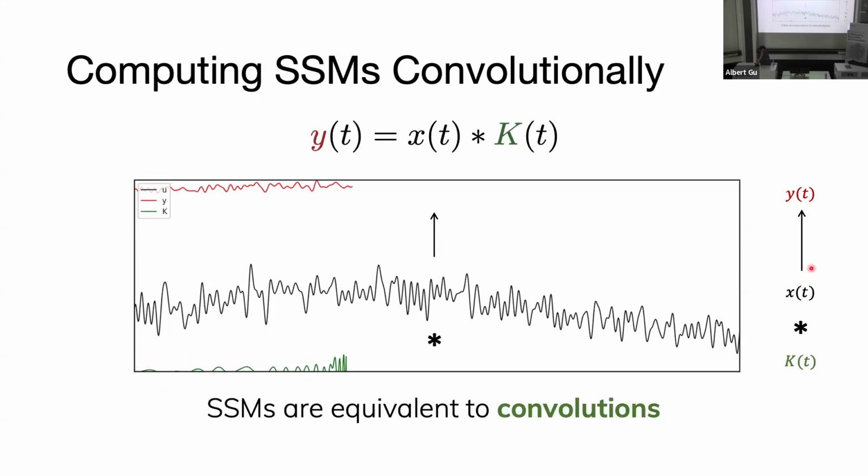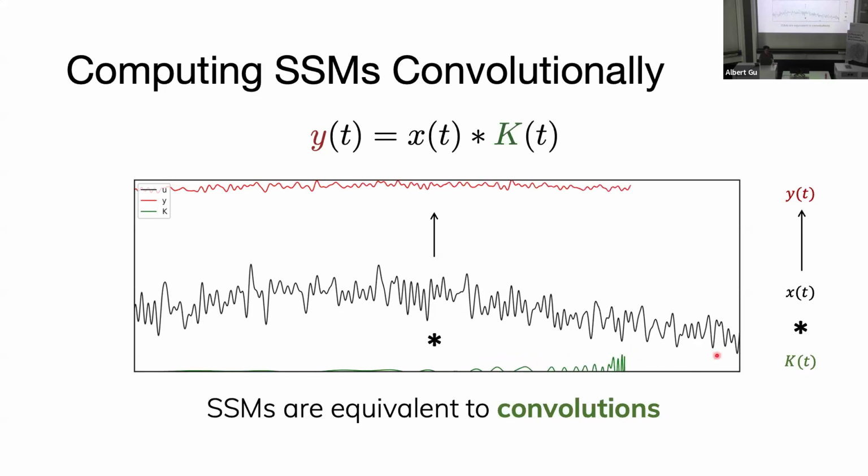And the reason is that we can completely rewrite this model into the form of a vanilla convolution. So what does this mean? Instead of computing that blue latent state, we're going to first take our parameters of the model. Here the parameters were A, B, C, and D, and actually just A, B, C are the important ones. Given A, B, and C, we can define what I call the SSM convolution kernel, which is this green sequence or function that I call K for a kernel.